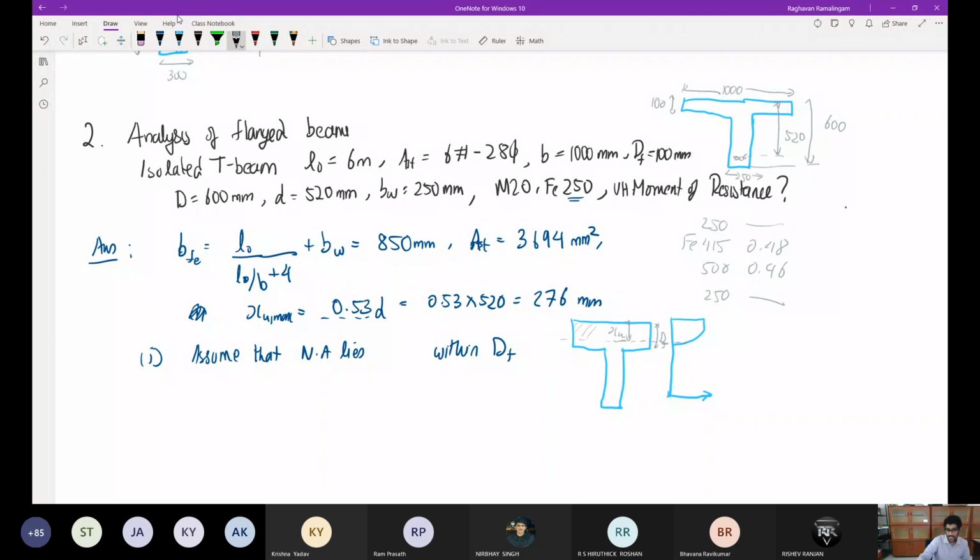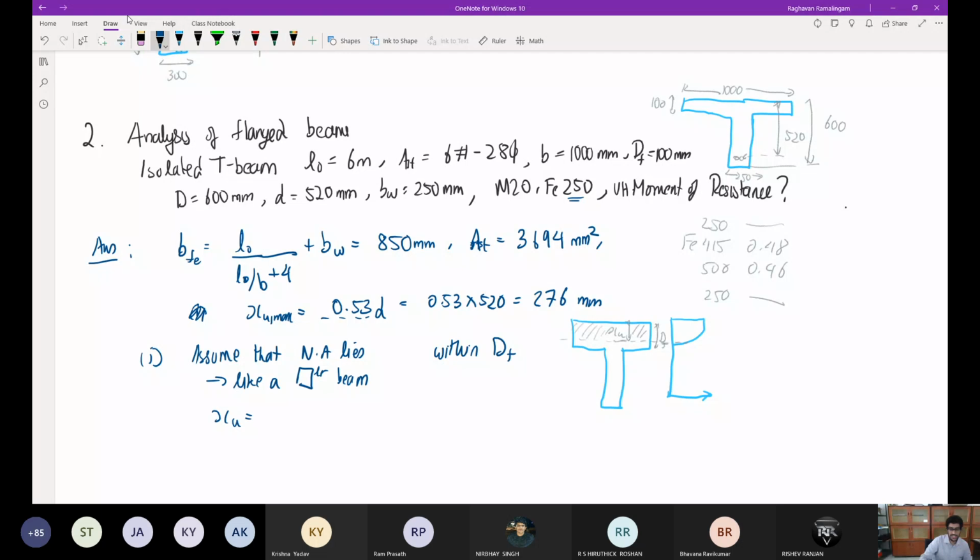Meaning that only this much of my beam is going to be effective, as told before, and therefore I can assume that it is like a rectangular beam, and we can find out what is actual XU.